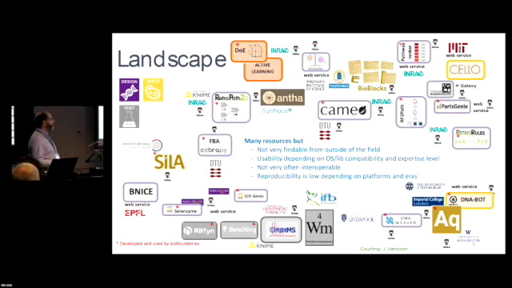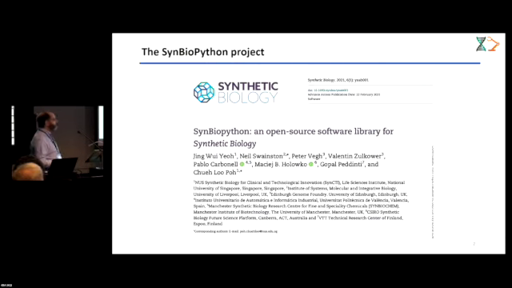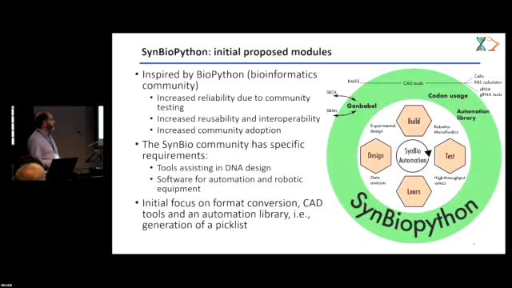So we said, okay, let's take our first steps toward addressing this challenge. That was when the idea of developing the SynBio Python package started, which was and still is a really nice collaborative project between different members of the GBA, and is also open to other people from the community.